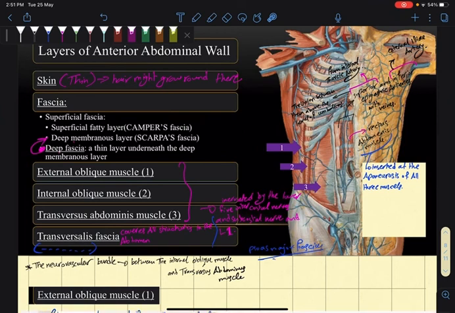The internal oblique muscle is internal to the external oblique muscle and superficial to the transversus abdominis muscle.